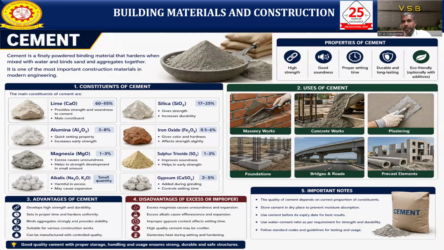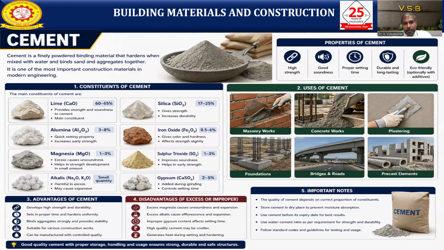So the main properties of cement are high strength, same as lime, good soundness and proper setting time, durable and long lasting, increasing the durability of the structure. It is also eco-friendly, especially with additives. What is the advantage of cement compared to lime? It develops high strength and is more durable.